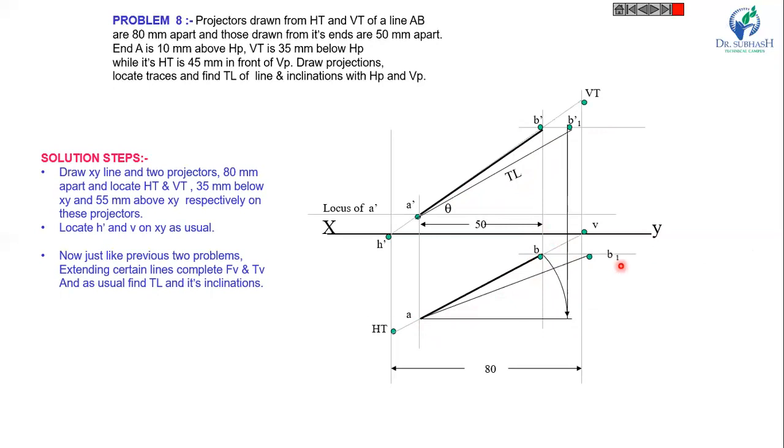This point is B1. This inclination is phi, and it is a true length. Front view, top view, and as we discussed, this distance is 10 mm, 35 mm, and 55 mm.